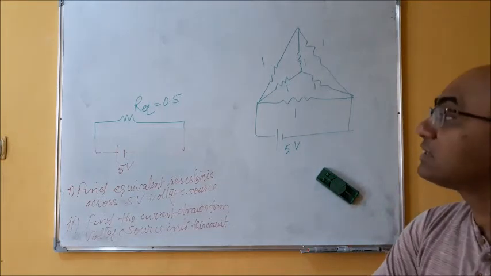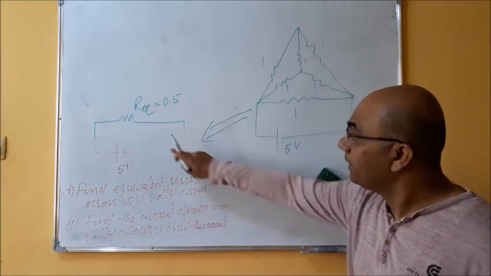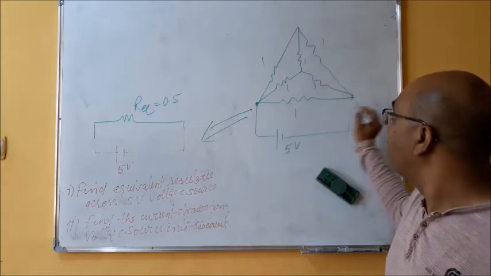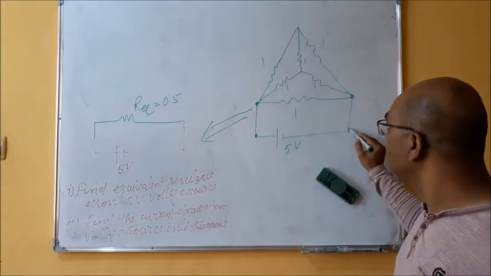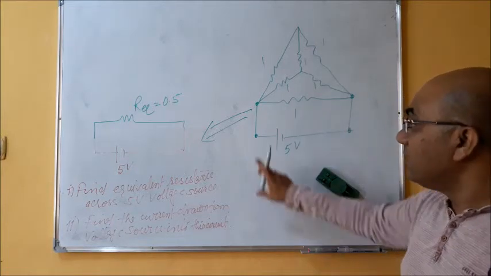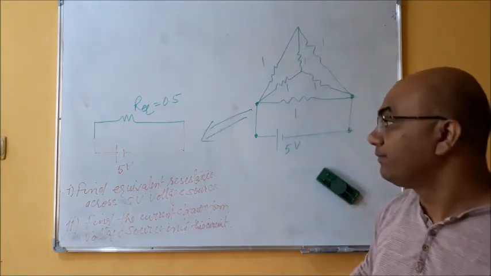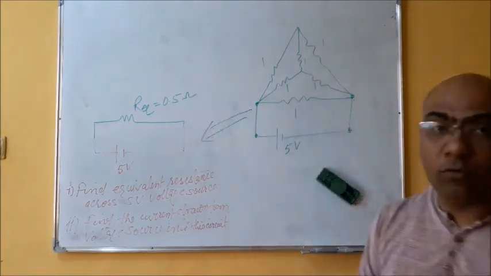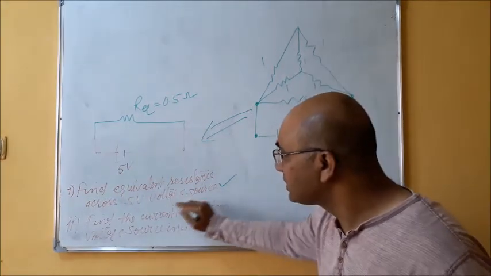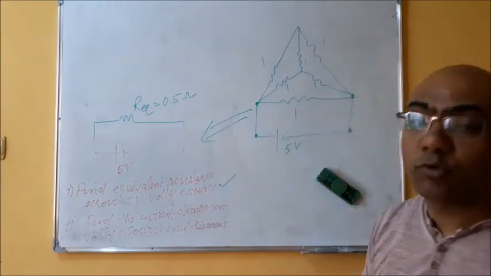But with the help of a star delta connection, you can convert this circuit easily into this circuit. And hence you can say between these 2 points, because these both points are equipotential points, the total resistance for this circuit is 0.5 ohm, right? So the answer of the first question, find equivalent resistance across the 5 volt voltage source, is 0.5 ohm.